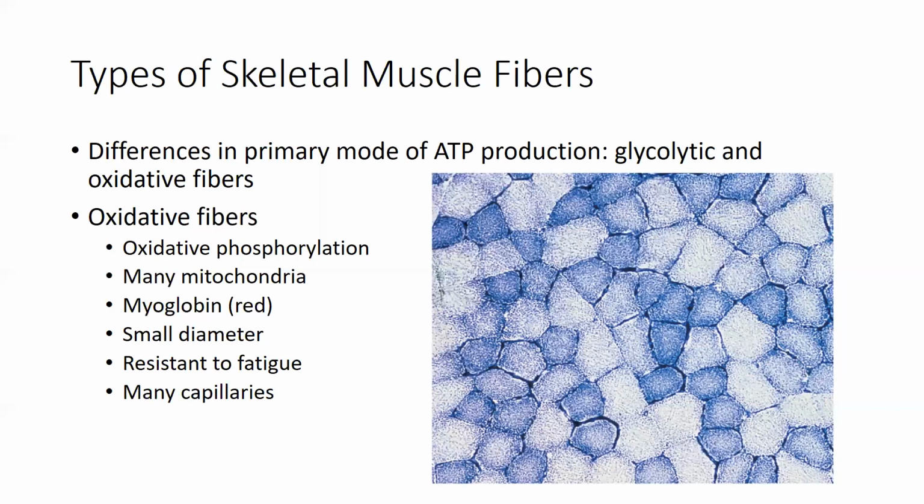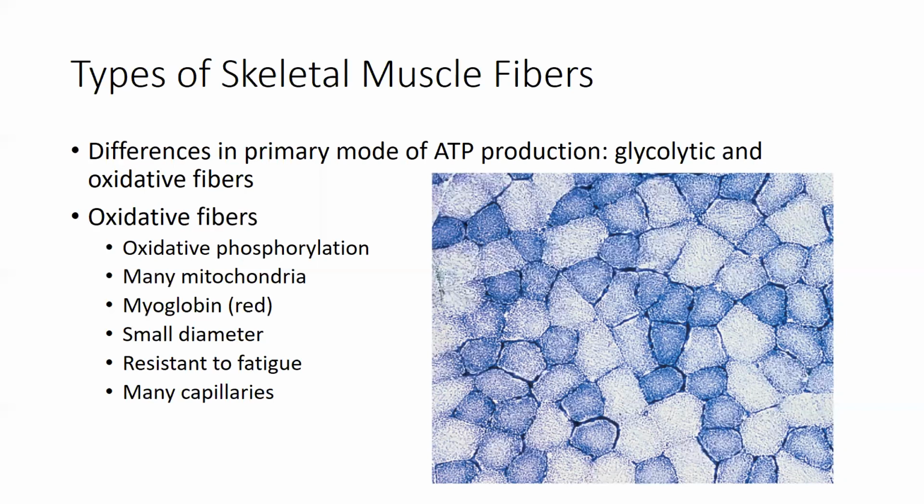It's a carrier protein for oxygen. Myoglobin is what gives blood its red color. Because these fibers require oxygen, they're going to have more myoglobin. And having more myoglobin is going to make them appear red or pink or more fleshy.